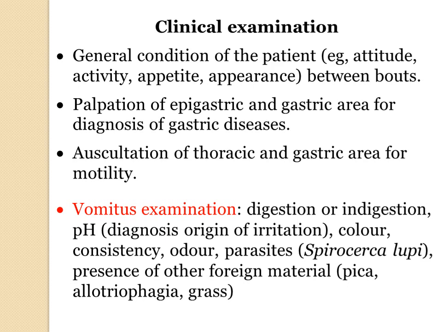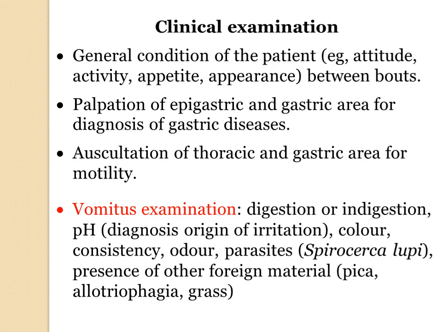The clinician palpates the epigastric and gastric area for the diagnosis of gastric disease. This is the most contributing etiology, the disease of stomach, especially gastritis. Auscultation of thoracic and gastric area for motility, and thoracic hernia or diaphragmatic hernia can be diagnosed with this.